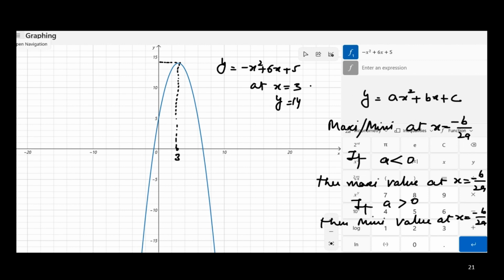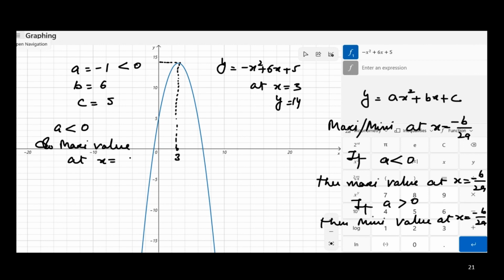So check here. In this question, what is a? Minus 1. What is b here? 6. And what is c here? 5. So a is negative because this is negative. So the maximum value is at x equals minus b by 2a, and minus b by 2a is minus 6 upon 2a, so the value is 3.